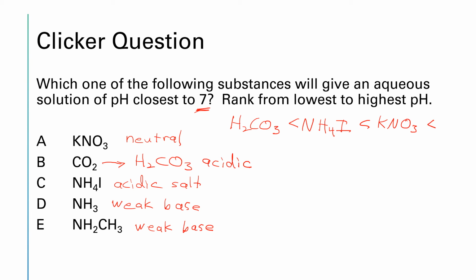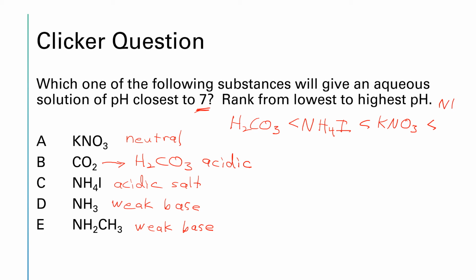KNO3, followed by, we've got 2 weak bases. And we didn't really talk about how you would determine between ammonia and methylamine which one of these would be weaker of the 2 weak bases. So we would just put those both at the same level.